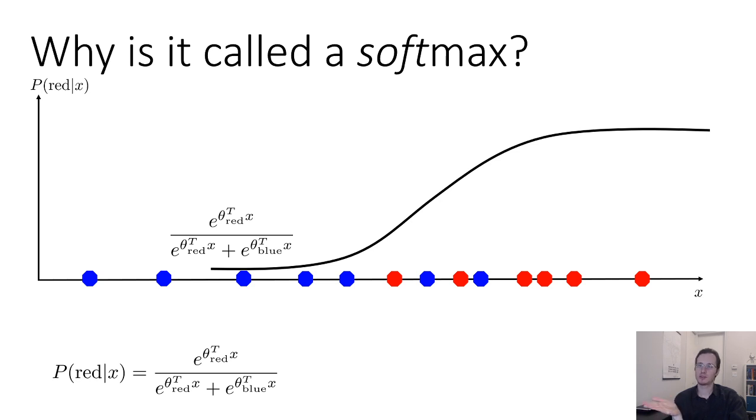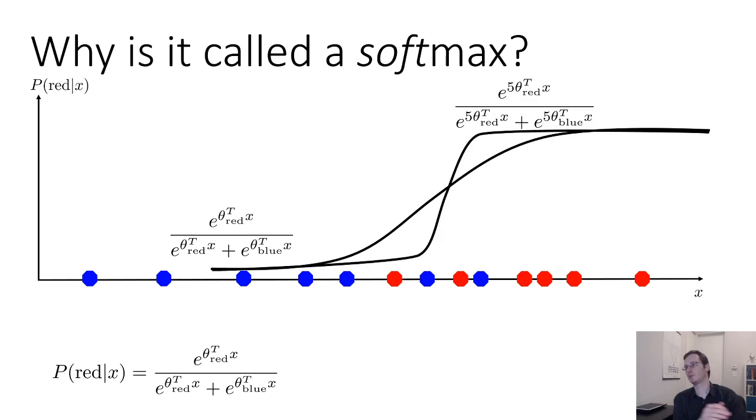So maybe this is our original decision boundary for a particular choice of theta red and theta blue. And now we will multiply them all by 5. If we multiply them all by 5, we get the same shape of the curve, but it increases much more rapidly to the right and decreases much more rapidly to the left. It crosses the 50-50 boundary in the same exact place. It's just getting sharper, getting steeper.